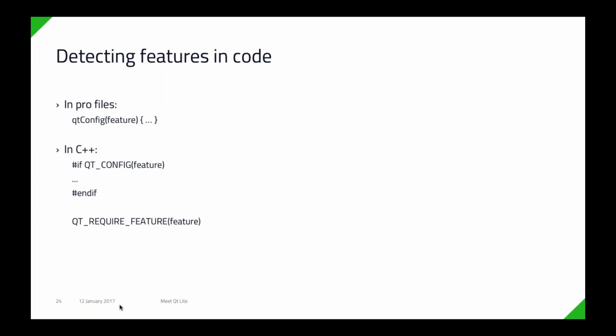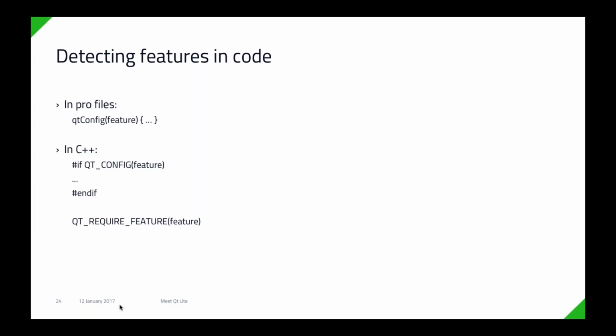But there's a second thing that you often want to do as a user, and that is to make your code, or the compiling of your code, dependent on these features. So, for example, MIME types could be a feature that's a set of classes we have in Qt Core. It's an optional feature in Qt 5.8, and you can enable or disable it. If you don't need MIME type support, you can simply disable it.